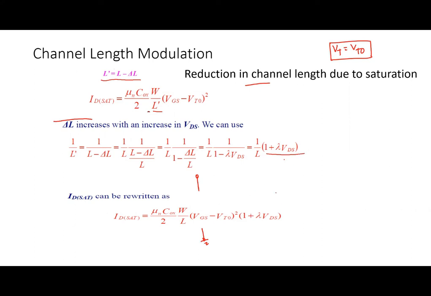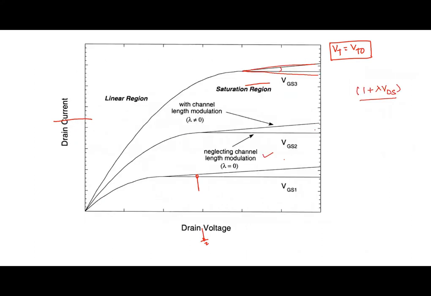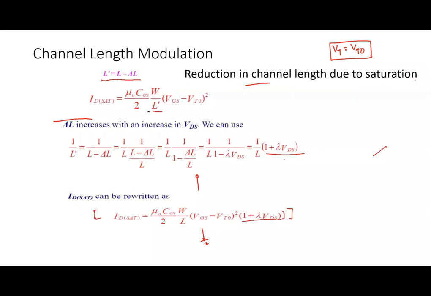So beyond saturation, when pinch off has started, you will include this parameter into your current equation, so that you get a fair result. And instead of getting your characteristics like this, you are getting characteristics like this. So to include this non-linearity, this factor needs to be included into your device current equation.